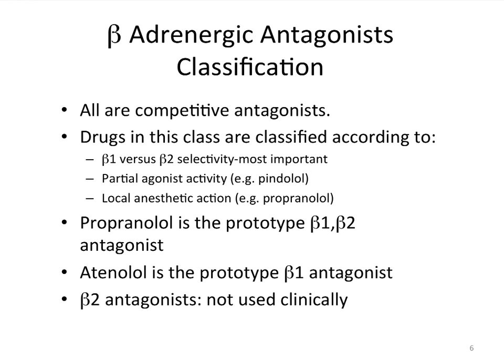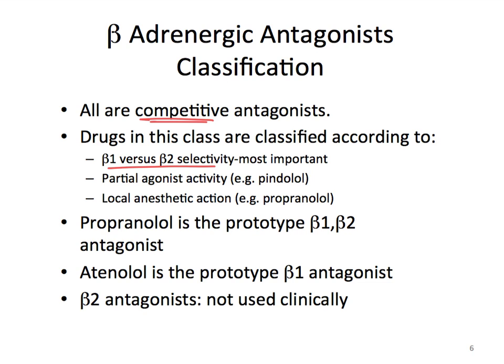Let's turn to the beta adrenergic antagonists, and all of these are competitive antagonists. There are none that are irreversible or non-competitive in this category, and basically the drugs in this class, just like the drugs on the agonist side, are defined by their selectivity against a subtype of receptor.